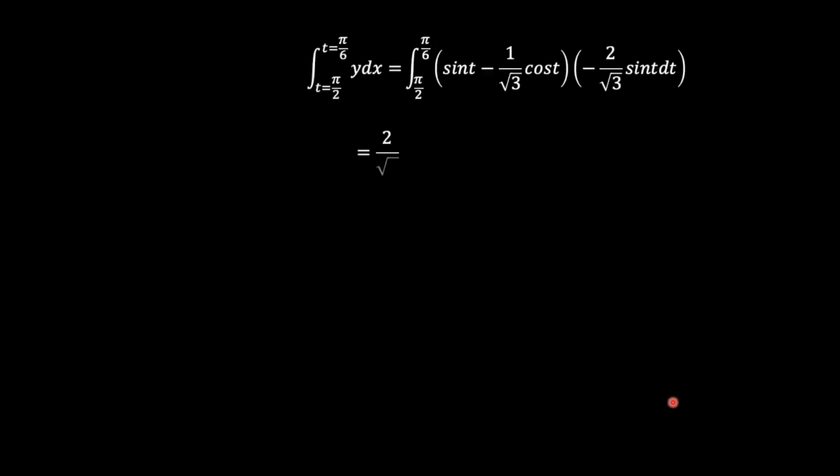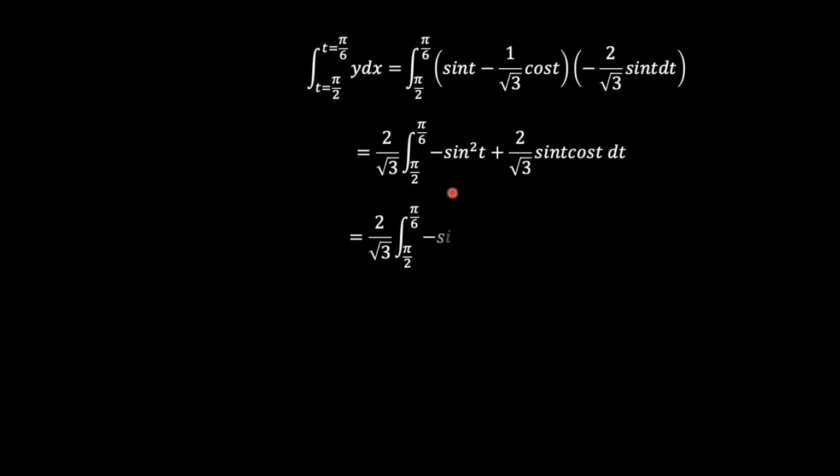So which means that now we can pull out this constant. We have 2 over root 3 of the integral from t equals pi over 2 to pi over 6 of negative sine squared t, since we multiply this negative sine t across, plus negative here and the negative here. This becomes positive of 2 over root 3 sine t cosine t.